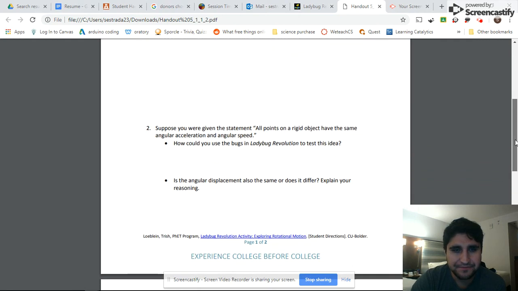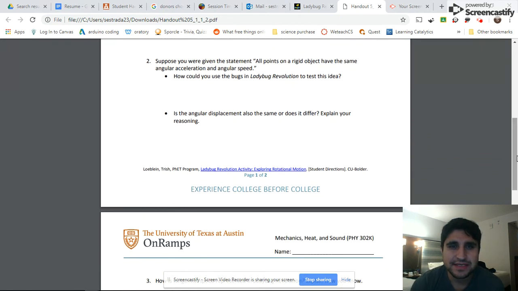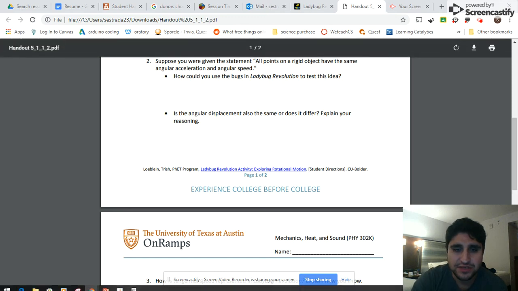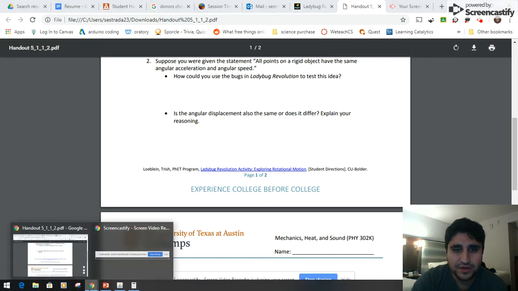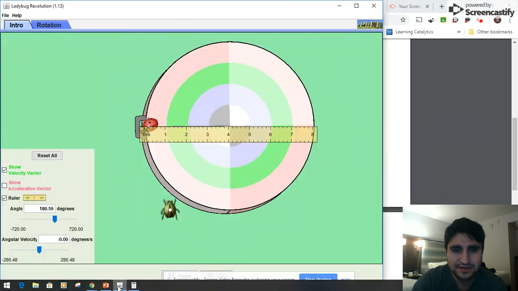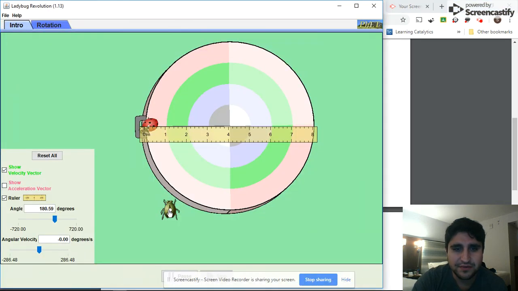That's number 1. Now, suppose you were given a statement that all points on a rigid object have the same angular acceleration and the same angular speed. How could you use the bugs in the Ladybug Revolution to test that idea? Well, let's look at it. Here's one bug right here at the very edge, and here's another bug towards the middle.